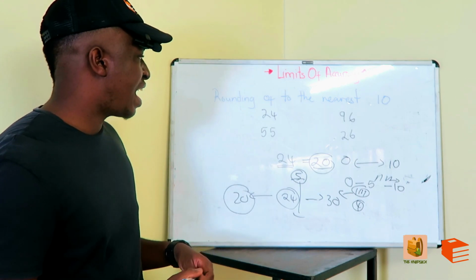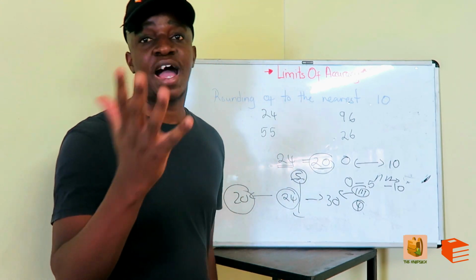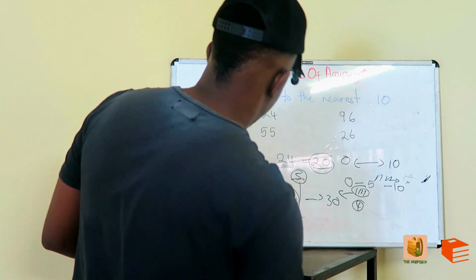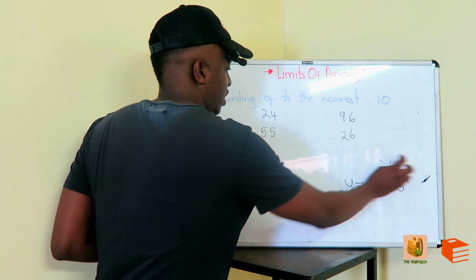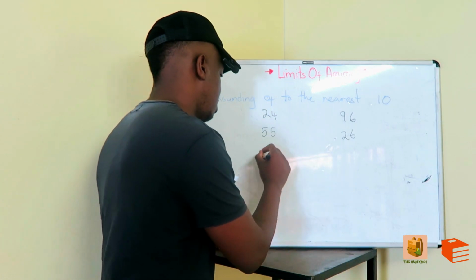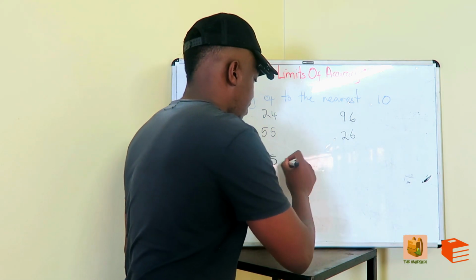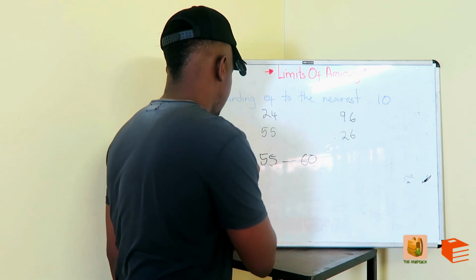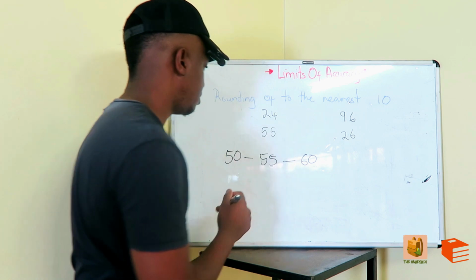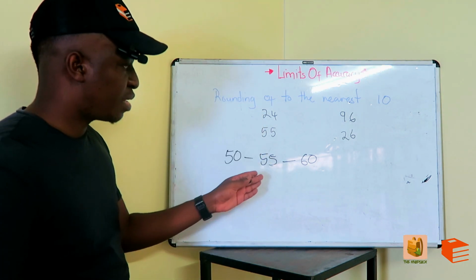Now, you're probably asking yourself, what about if the units or the ones are equal to 5? I'm here to explain how we can do that. That's why my friend here, 55, is here. 55 is right in the middle between 50 and 60.